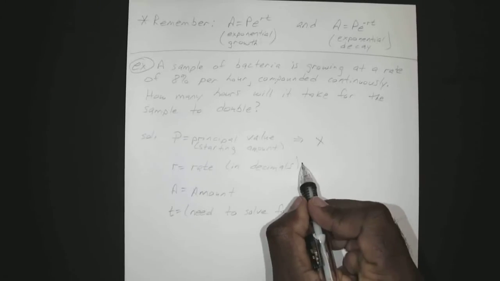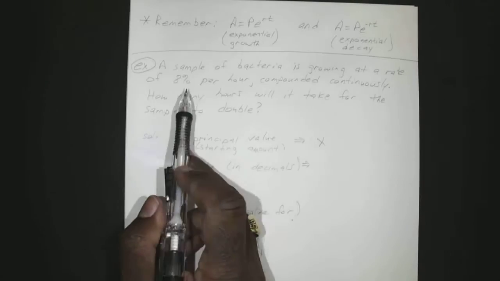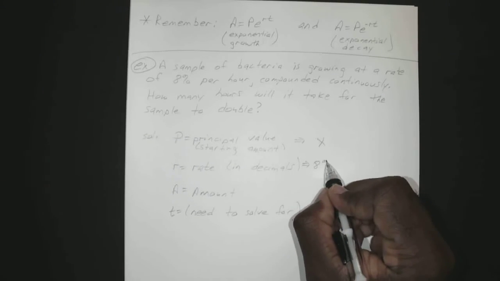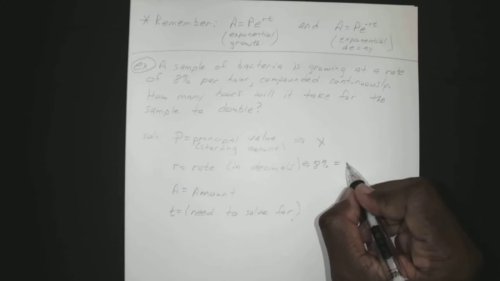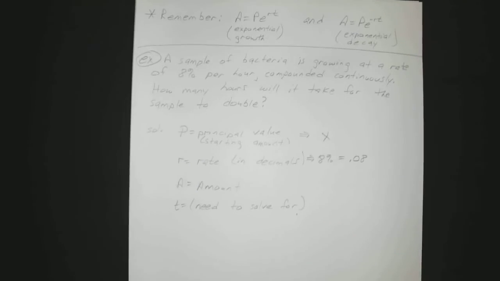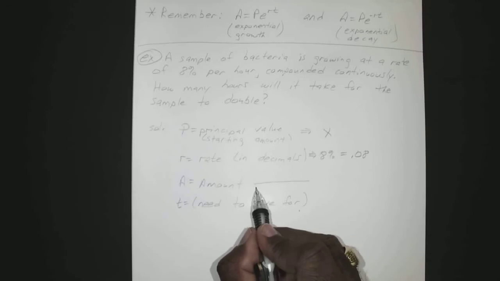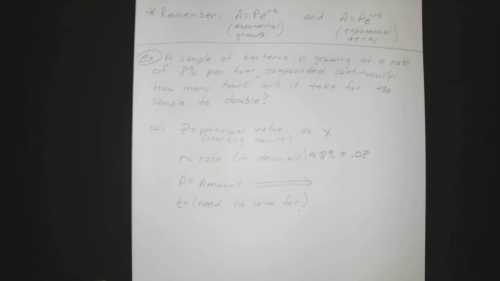Okay. Now our rate, they did tell us. So it is 8%. So it's 8%, which is 0.08. All right. Now for our amount, again, they didn't tell us, but they did tell us they wanted it to double.